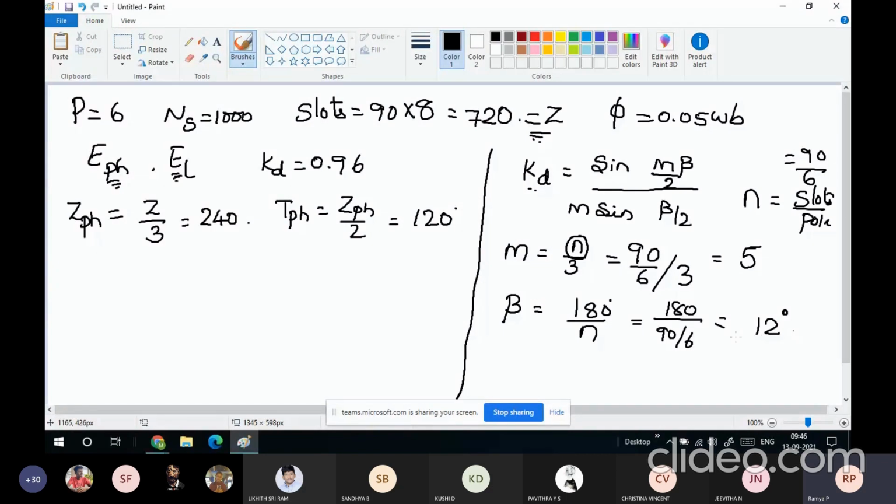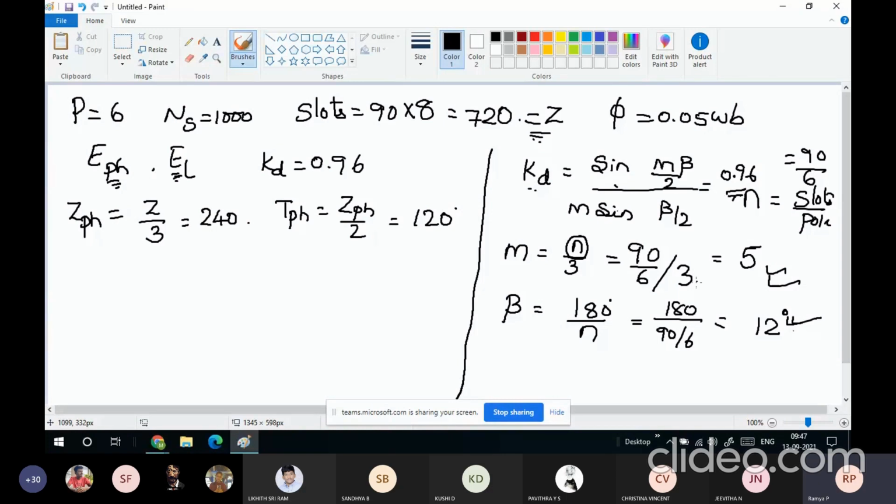Now you know m and beta. Substitute in the above equation and simplify. Finally, you are going to get this KD as 0.96 only. So you can verify. Using these simple formulas, you can identify whether it is possible.